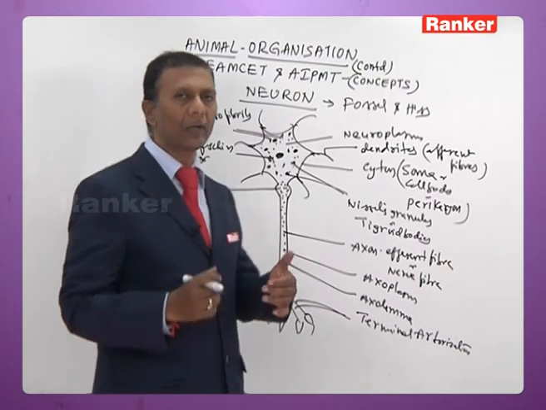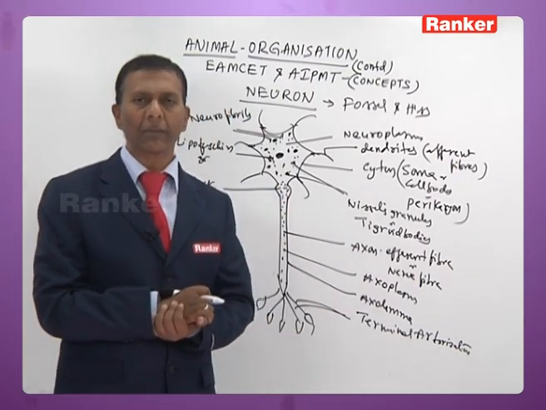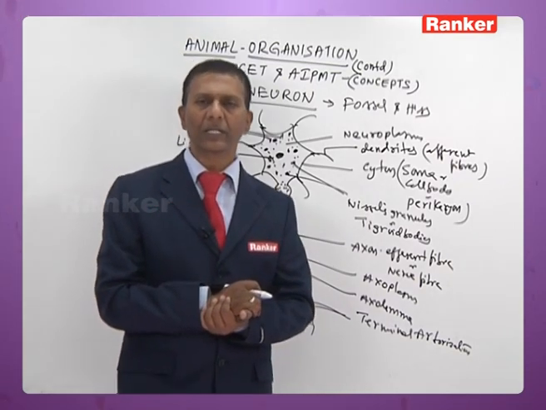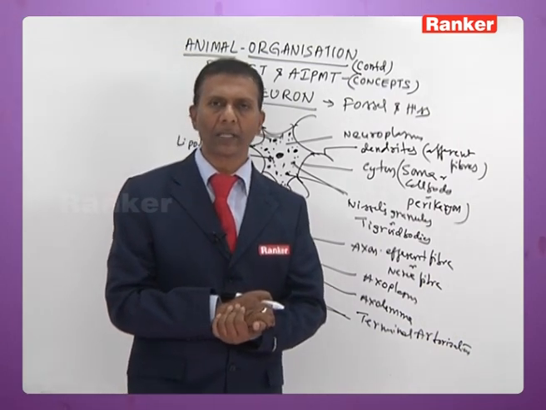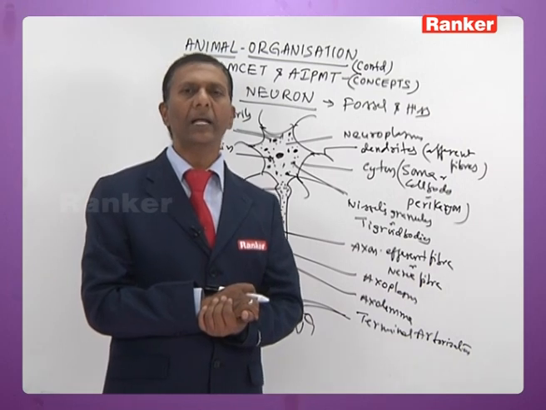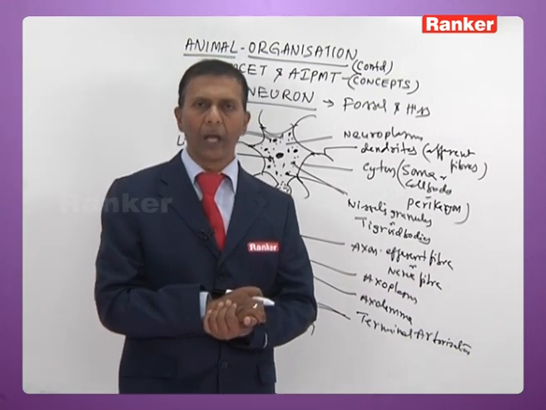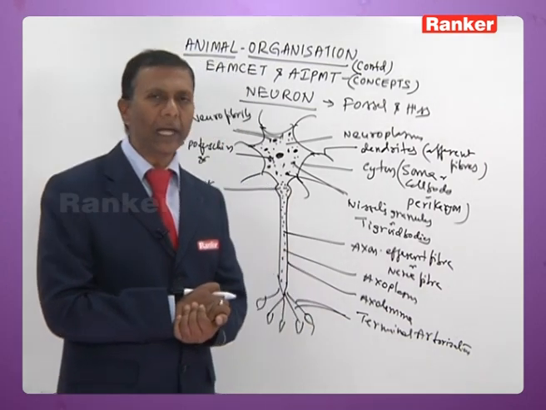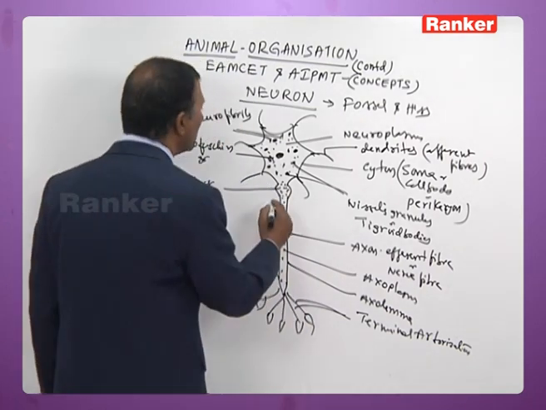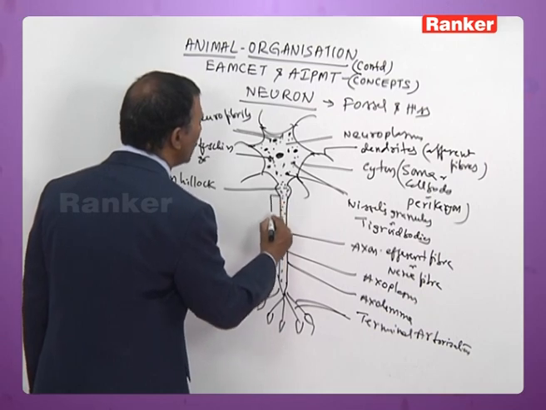Now, we shall talk about the types of neurons on the basis of their structure. With regard to the structural classification, you may come across two kinds of neurons: myelinated neurons and non-myelinated neurons. Myelinated neurons are also called medullated neurons. In myelinated neurons the axon is covered by a myelin sheath.